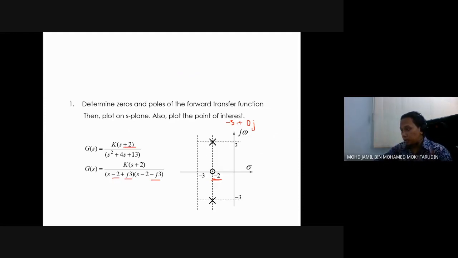The poles are here and the zero is in between. Usually we represent poles using X and zeros using a circle. You also plot the point of interest, which is here, using something else.